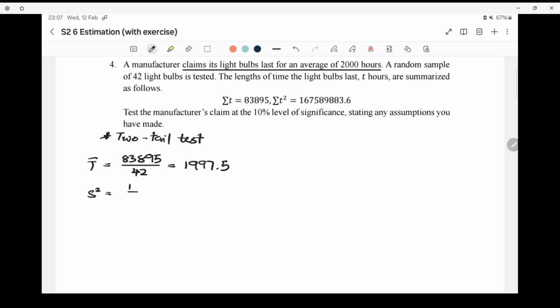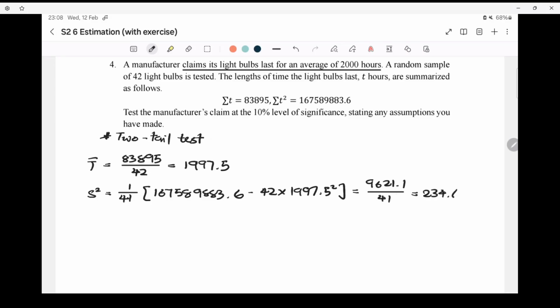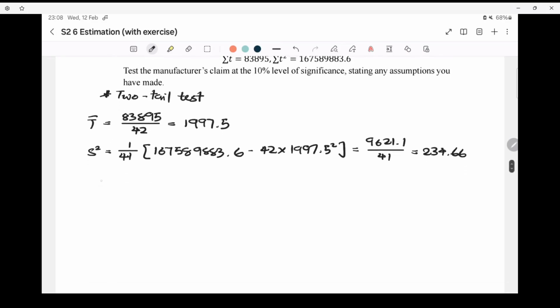That would be 1 over 41, you sum all these numbers, minus 42 times 1997.5 squared. Calculate it. So this is 9621.1 divided by 41, or you get 234.66.